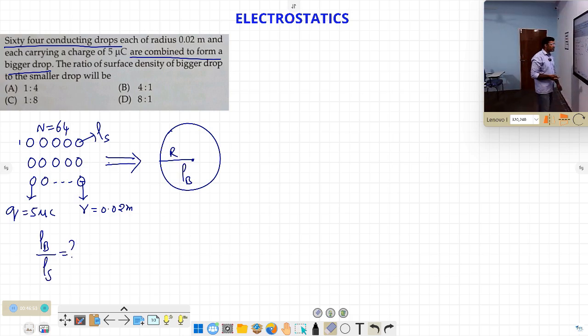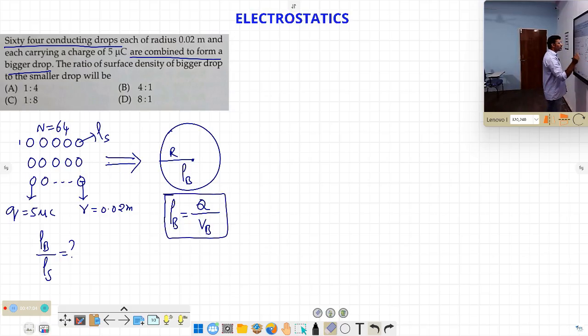So first, what is charge density? In this case, charge density is the charge per unit volume. So for the bigger drop, it is the charge on the bigger drop by the volume of the bigger drop. For the smaller drop, it is the charge on the smaller drop by the volume of the smaller drop.